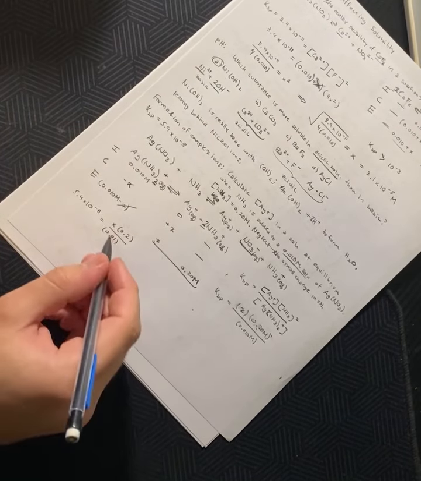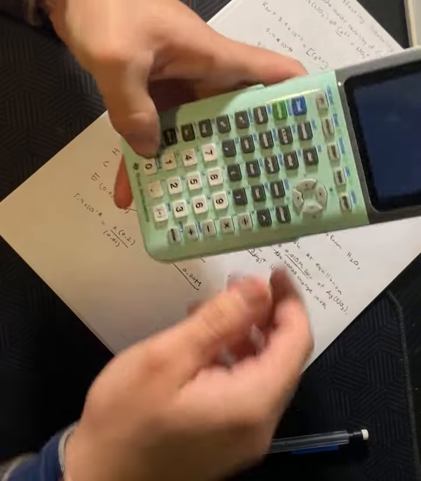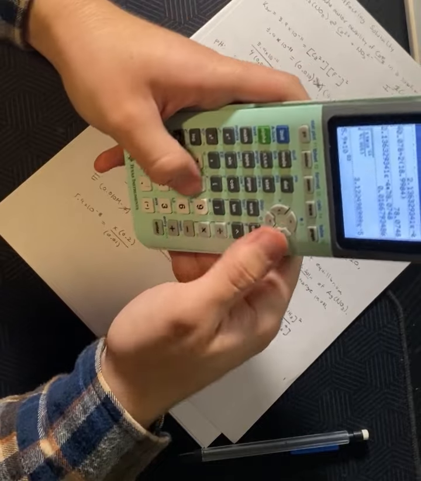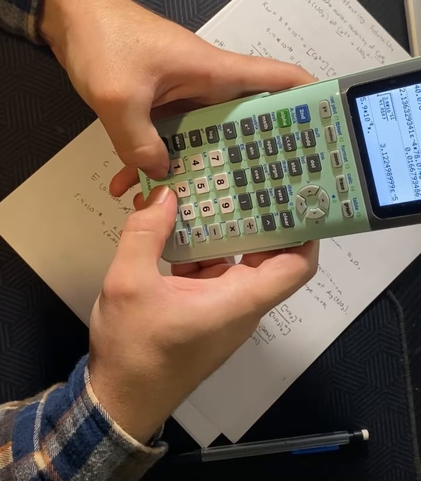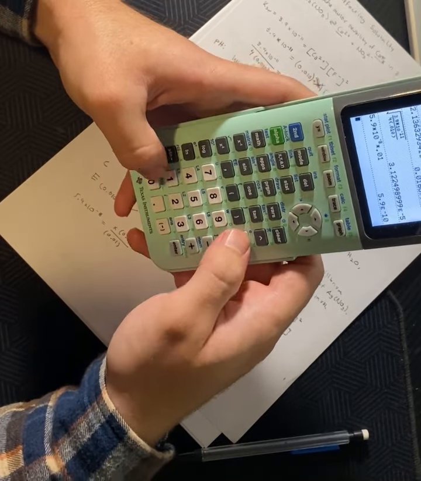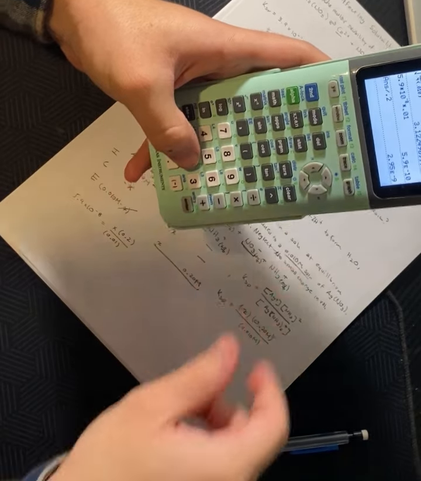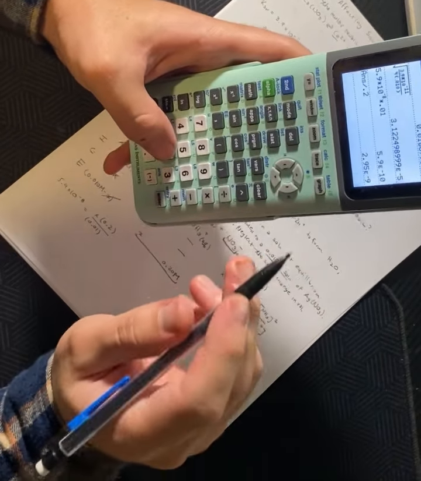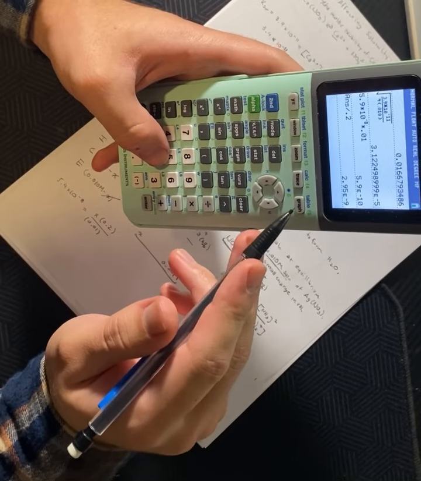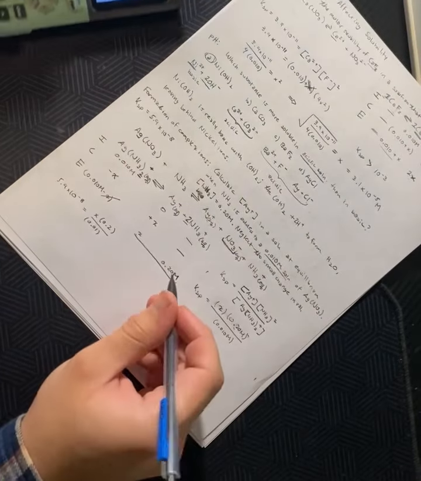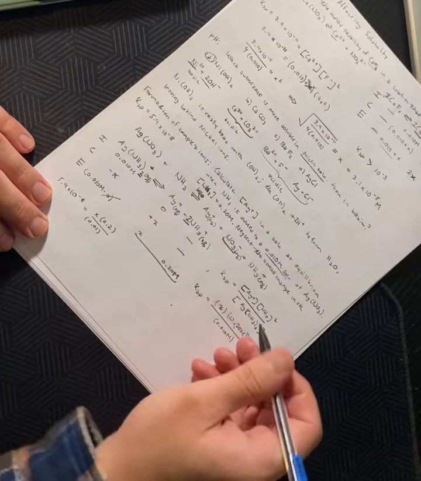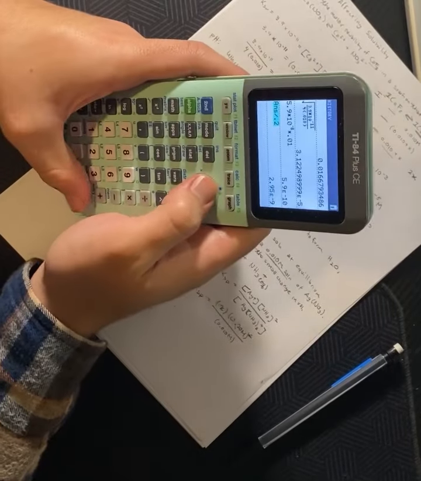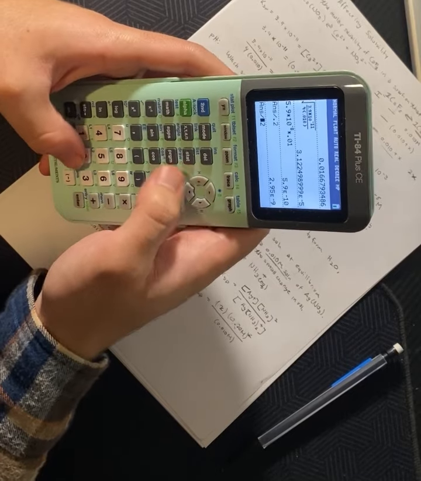So now we can do a little bit of cross multiplication. We have 5.9 times 10 to the negative 8 multiplied by 0.01 and divided by 0.2. So at the end, that doesn't look right. Oh right, this is going to be squared. I don't know why I didn't square it. I'm just messing up here and there, right?